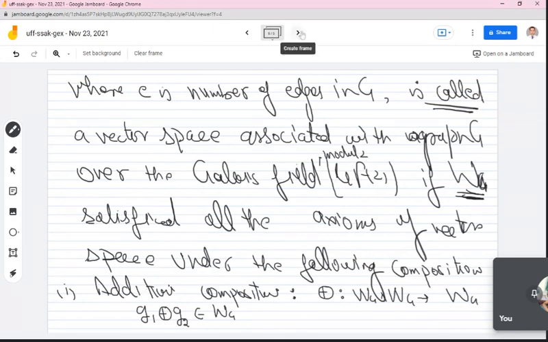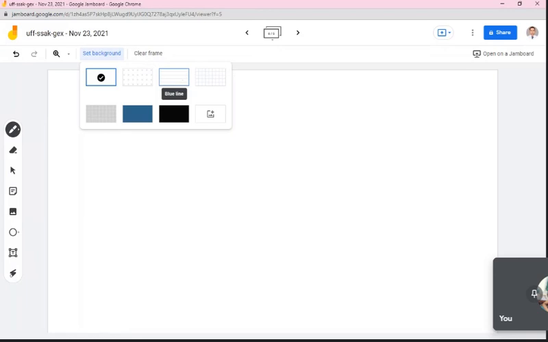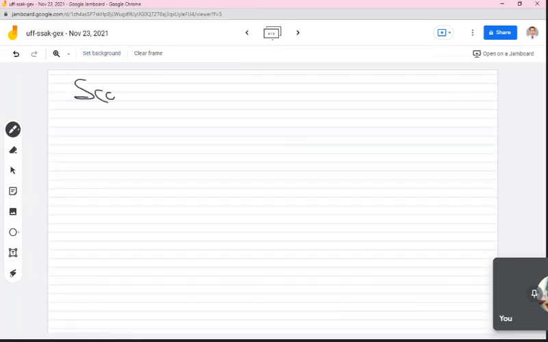And the second composition is called scalar multiplication, scalar composition, and it says that basically we will denote this composition by a plus, and also we can write multiplication here.